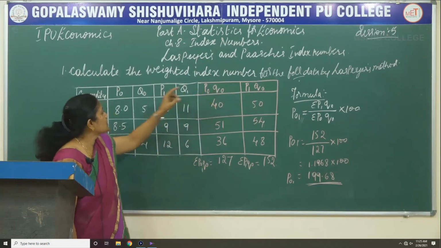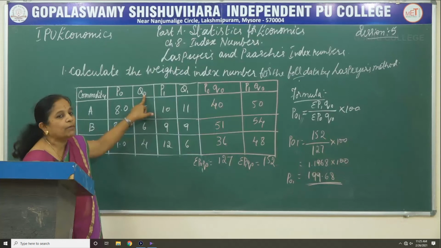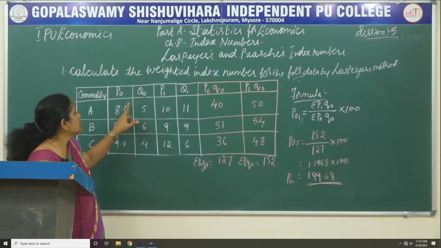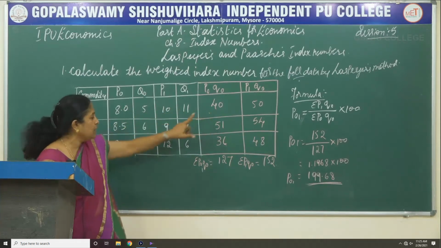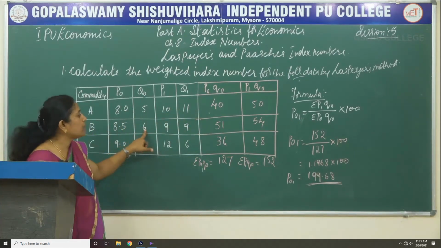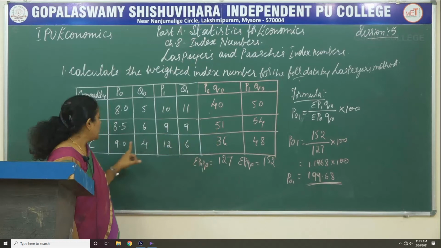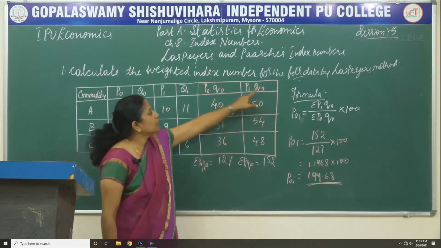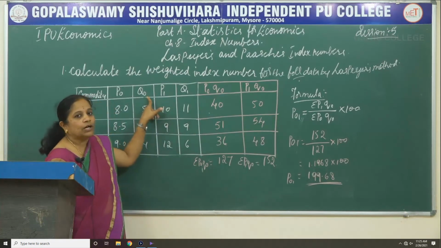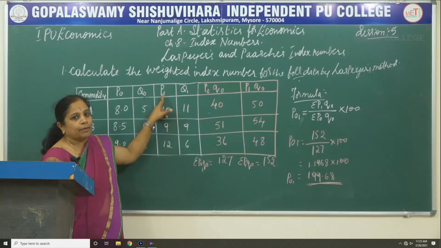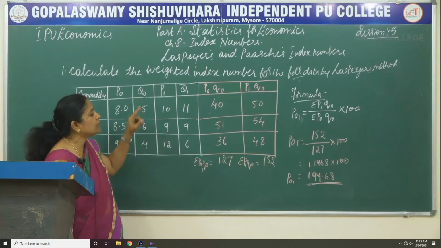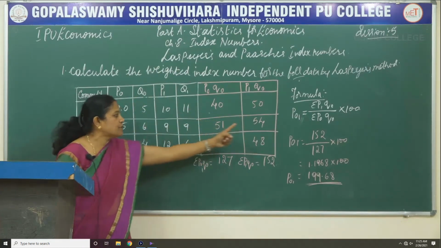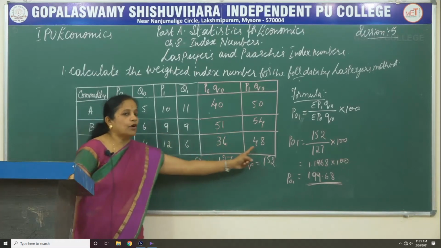So P0 Q0 is P0 multiplied by Q0, the price of the base year and the quantity of the base year. So 8 5s are 40, 8.5 multiplied by 6 is 51, and 9 4s are 36. And then P1 Q0, that is the price of the current year and the quantity of the base year. 10 5s are 50, 9 6s are 54, 12 4s are 48.